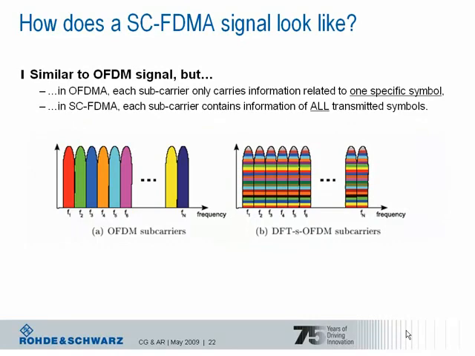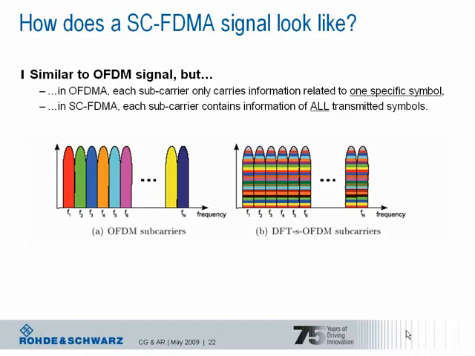This picture visualizes the things we just learned very well. When we compare classical OFDM used in the downlink and single carrier FDMA, or DFT spread OFDM, used for the uplink, we can say that in OFDM each subcarrier carries only information related to one specific symbol. This is indicated by the color used for the subcarriers, as you can see on the left hand side of the graph. In single carrier FDMA, each subcarrier now contains information of all transmitted symbols.